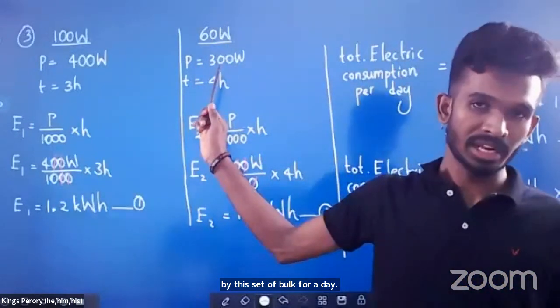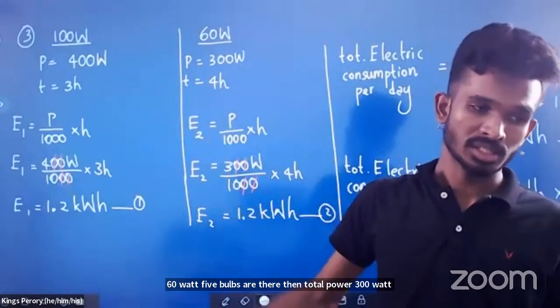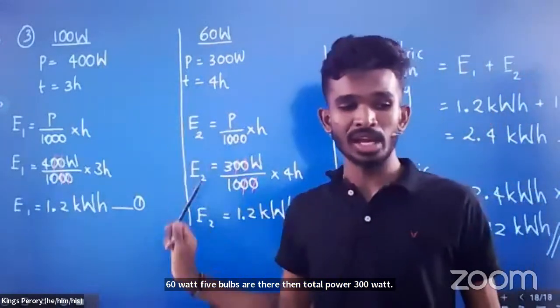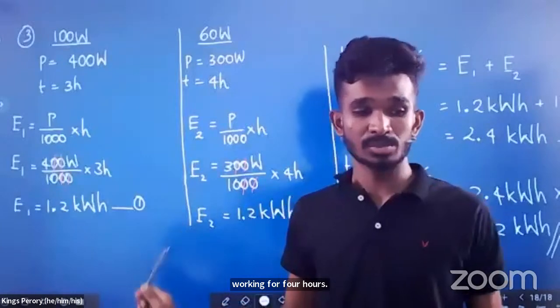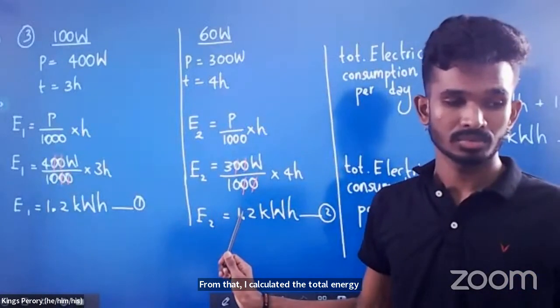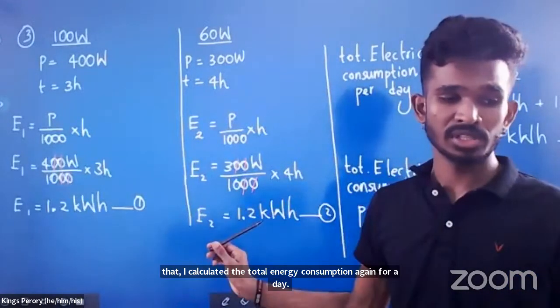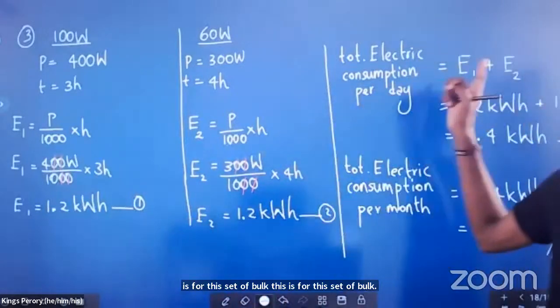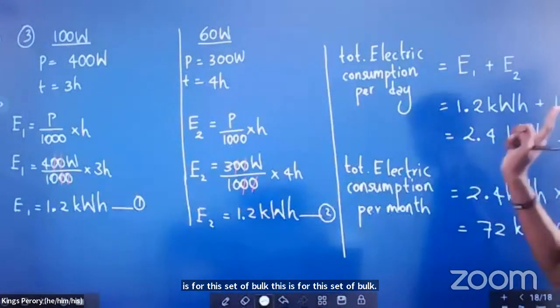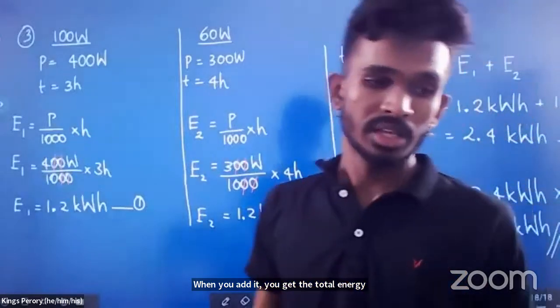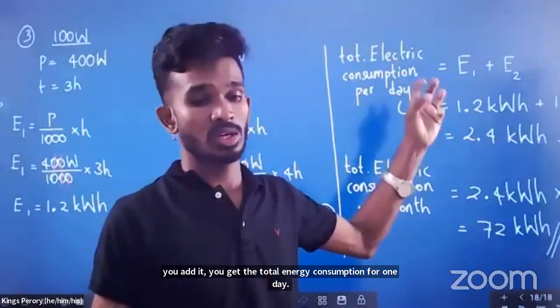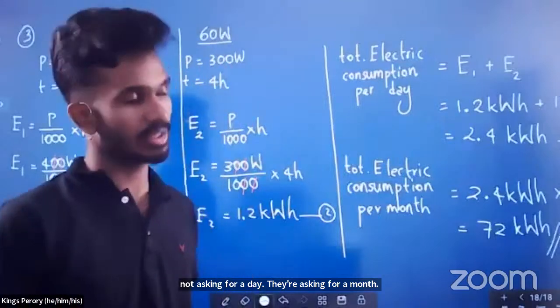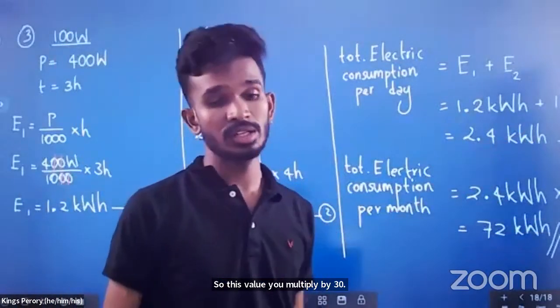Then total power 300 watt, working for 4 hours. From that, I calculated the total energy consumption again for a day. When you add it, you get the total energy consumption for 1 day. They're not asking for a day. They're asking for a month. So this value you multiply by 30.